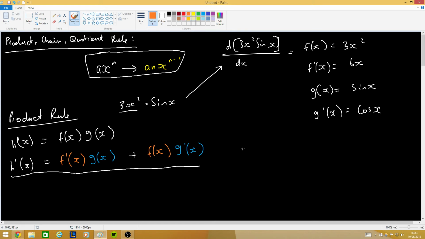So we have 6x multiplied by sine x, and then we add that to 3x squared multiplied by cos x, and we have our answer. And that is just a simple application of the product rule.